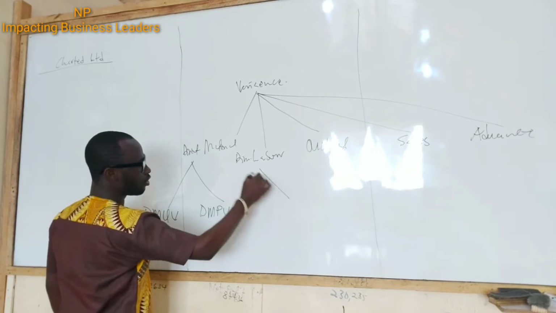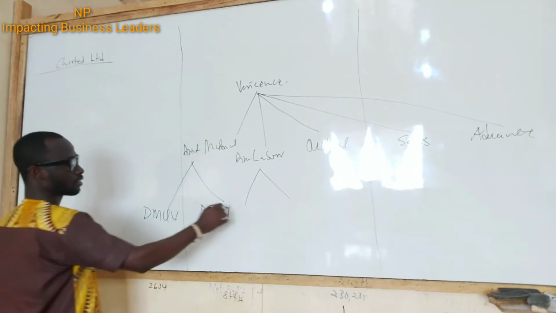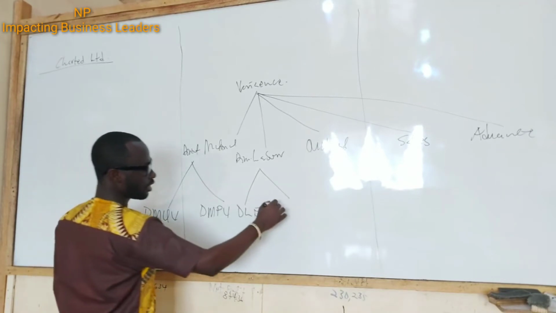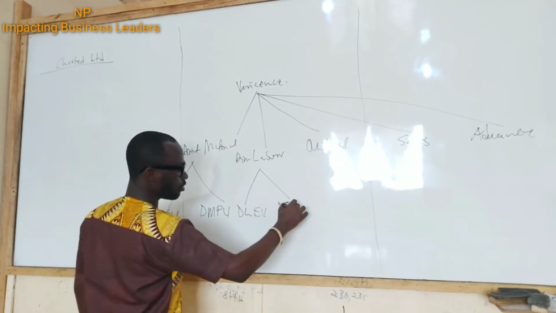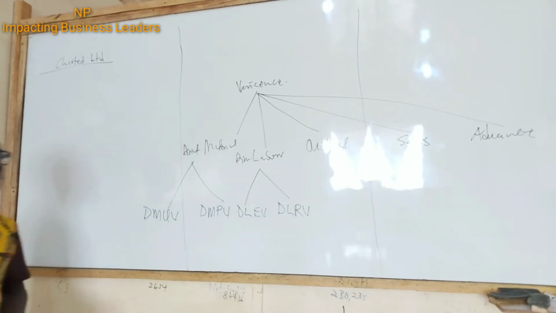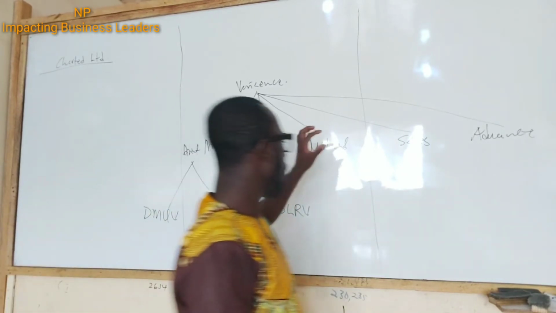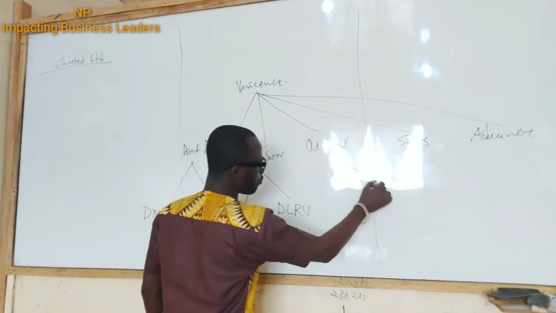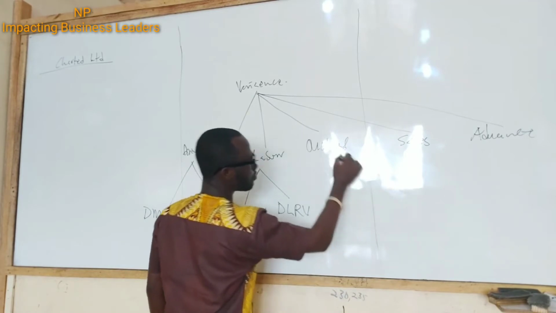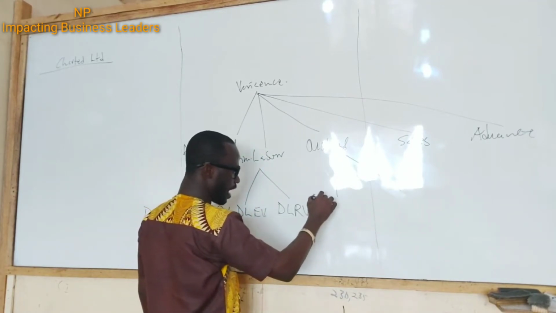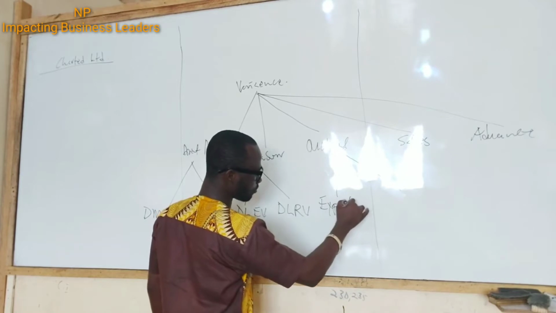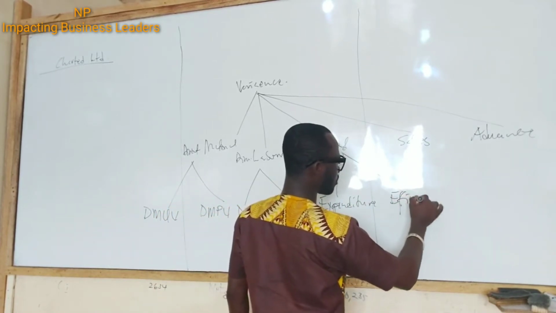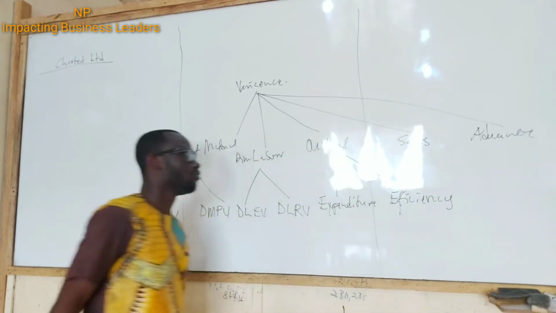When it comes to labor also, there are two things there. Direct labor efficiency variance, direct labor rate variance. Then we come to the overheads. Under the overheads, we have two broad issues there. We have the expenditure overheads, and then we have the efficiency variances.